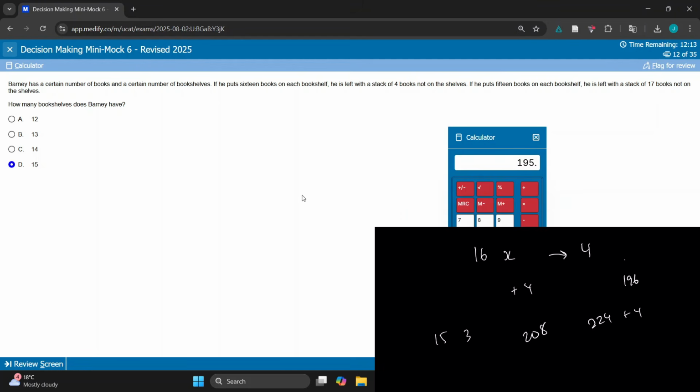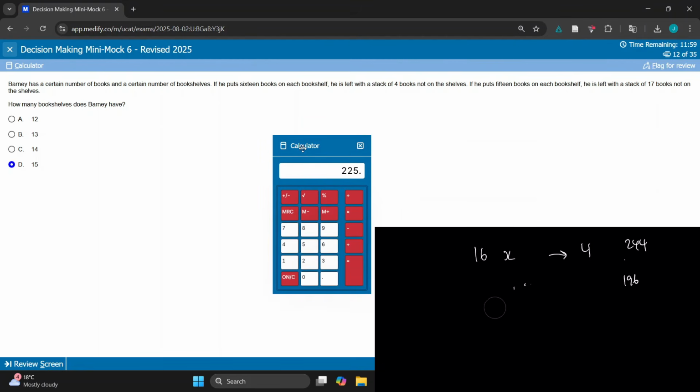Because what's 15 times 16? It's 240, so it's 244. So then 15 times 15, 244. Okay, wait, hold on. So if you put 16, he's left with a stack of 4 books not on it. So 16 times 12, so 196 books.